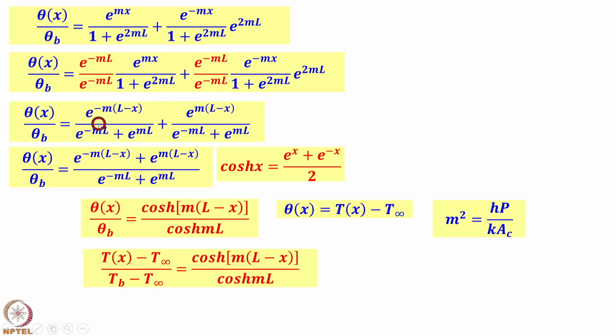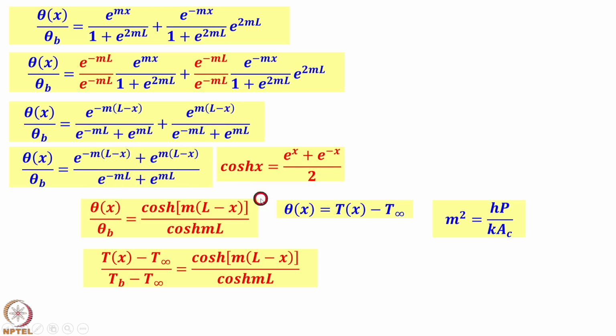So, the numerator becomes e to the power of minus mL minus x, and the denominator becomes e to the power of minus mL plus e to the power of mL. Here in the numerator it becomes e to the power of mL minus x, because 2mL and minus mL becomes mL. So, you have e to the power of minus m(L minus x) plus e to the power of m(L minus x) upon e to the power of minus mL plus e to the power of mL.